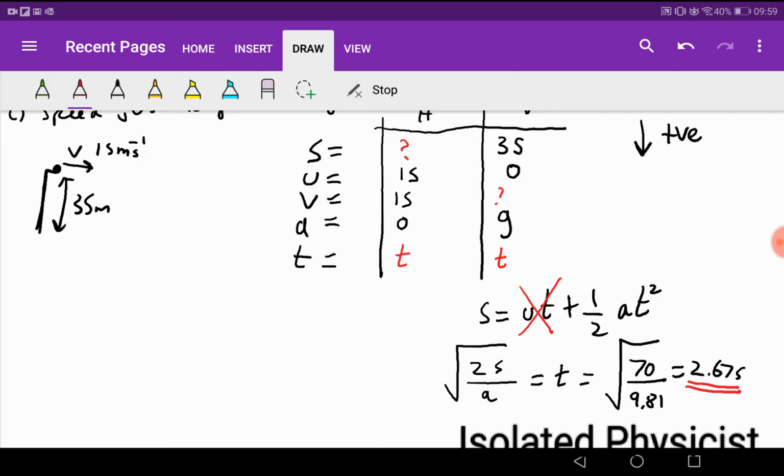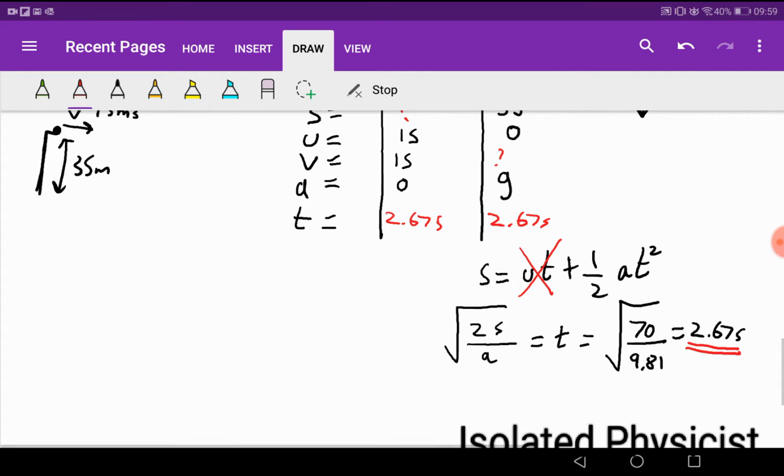And now what I can do is go ahead and write in here 2.67 seconds. Now it's worth noting that I'm using a rounded answer here, so if I use that t again, it might give me more of a rounding error. So that's part A done.